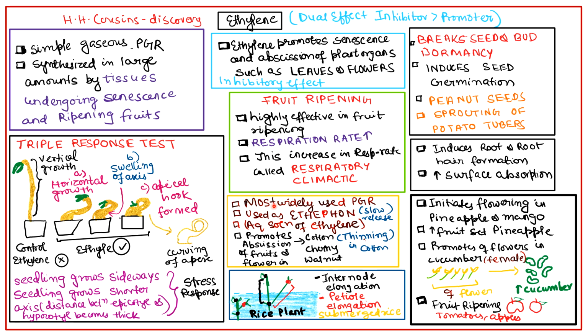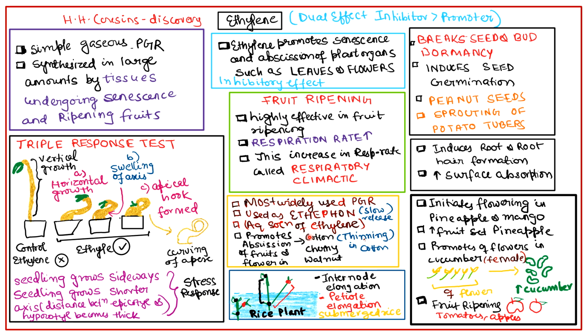This is the most widely used plant growth regulator or plant growth hormone. These points are very important. What is the most widely used plant growth regulator? Ethylene. Ethylene is a gaseous hormone, but commercially it is used as an aqueous solution. What is it called? It is called ethephon.